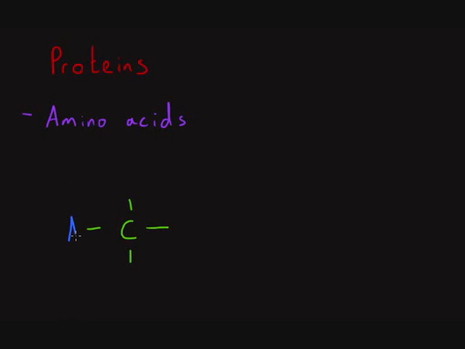And this is just a nitrogen and 2 hydrogens here. So that's your amino group. On the other hand, you've got an acid group, a carboxylic acid group. So your carbon there, and the rest of the carboxylic acid group here. And that's the basic core structure of all amino acids. You've got a central carbon, an amino group, and a carboxylic acid group. You've also got hydrogen here, not very important.